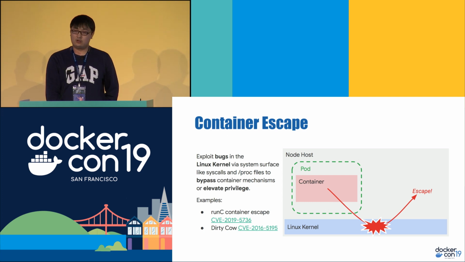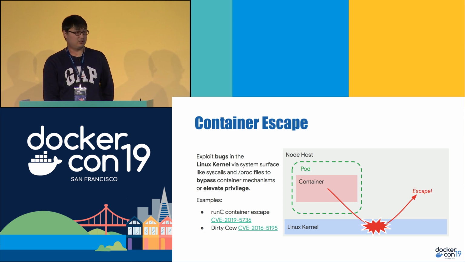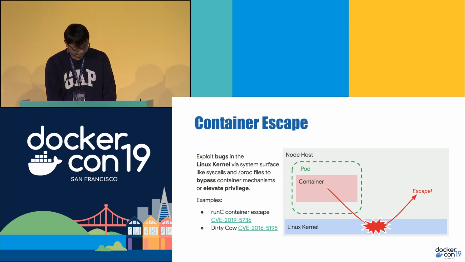Or you're hosting customers' web service. Also, it's similar. You don't know what they are doing. And if they leverage the bug and break out of the container, it's possible that they can go into your system, get some important data, either from you or from your other customers, which is very bad. So we want to try to avoid that.